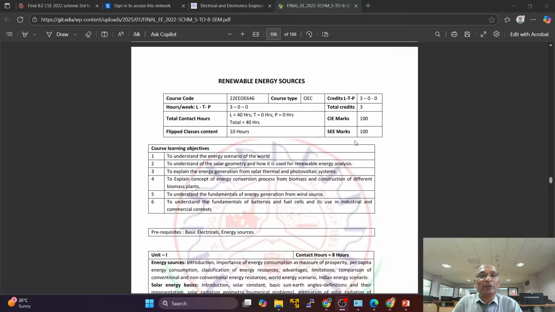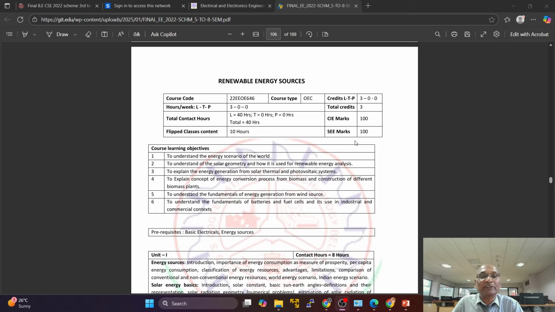Similarly, you will be able to understand energy generation from solar thermal and photovoltaic systems, and to explain the energy conversion process, biomass and different types of biomass plants, and how the energy is generated.